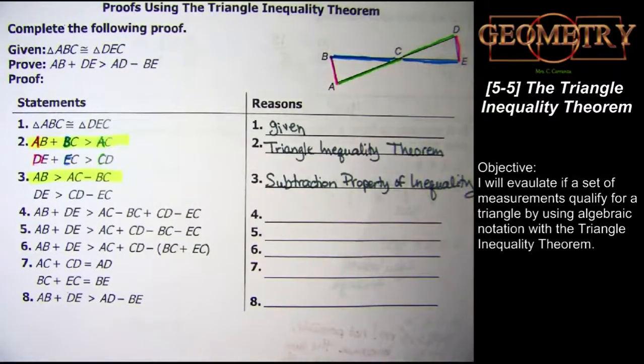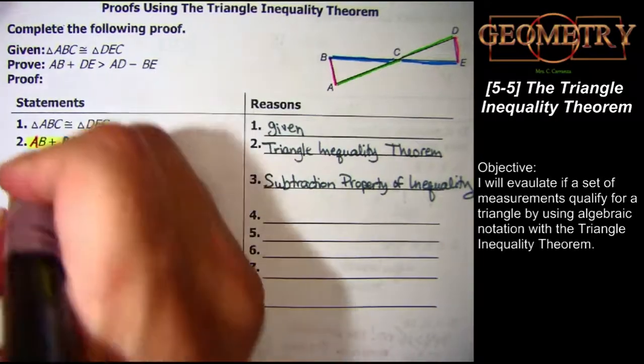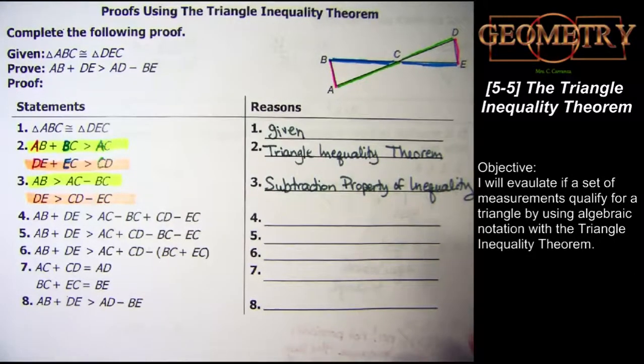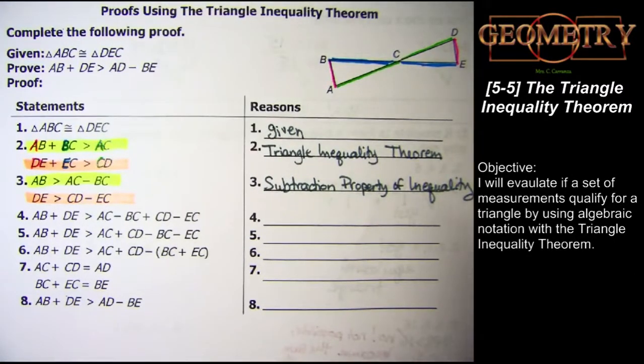Is it the same for the second statement in that particular group? Same concept? Okay, good. All right, let's look at statement 4. AB plus DE is greater than AC minus BC plus CD minus EC.